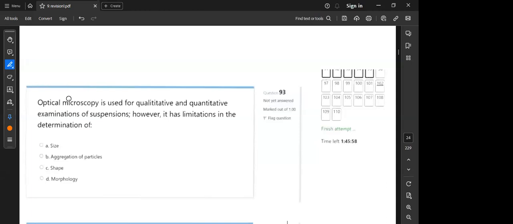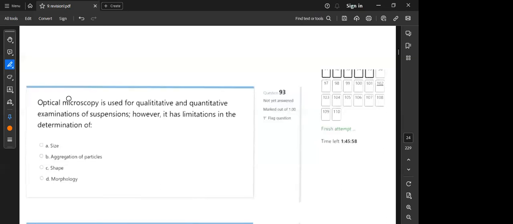In pharmaceutics we studied that morphology includes the shape and size.